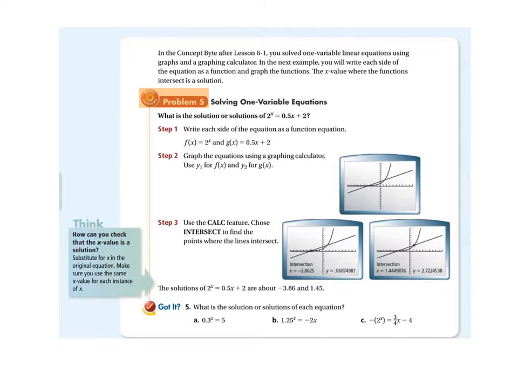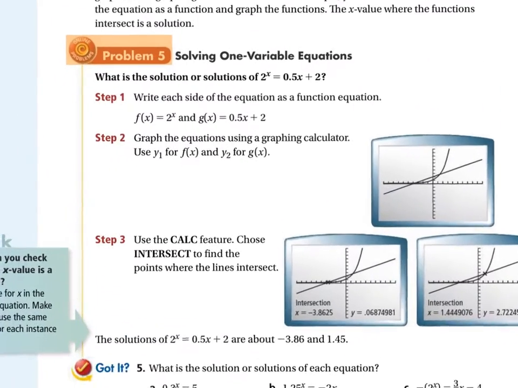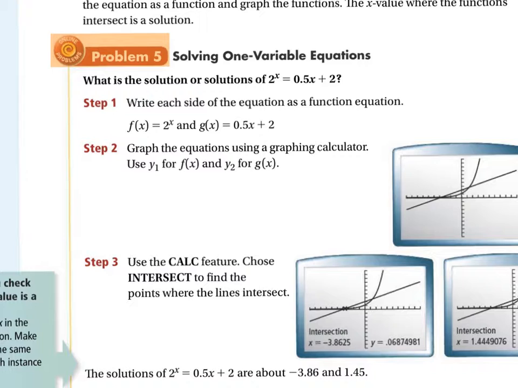So on the next page, it talks about, on problem 5, what is the solution or solutions of 2 to the x power equals 5/10 x plus 2. So what we can do actually is we can make one of these sides, put that in as y1 in our calculator. The other side we can put in as y2 in the calculator.